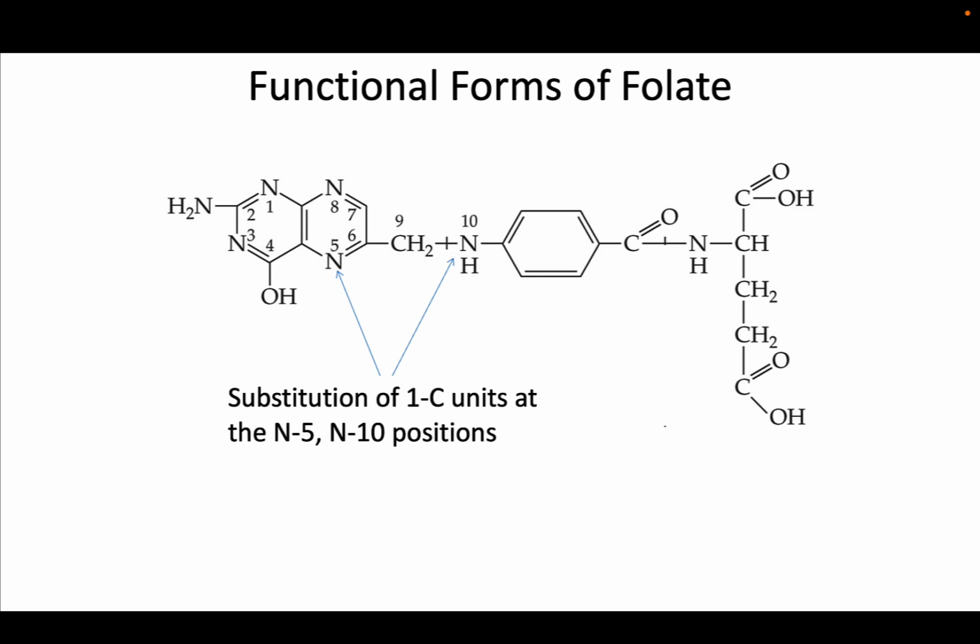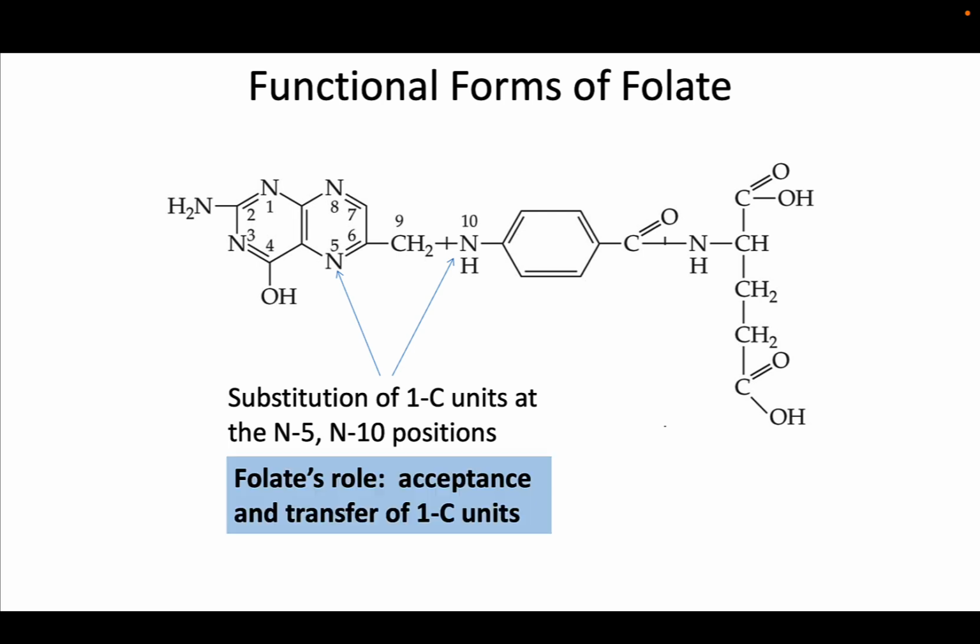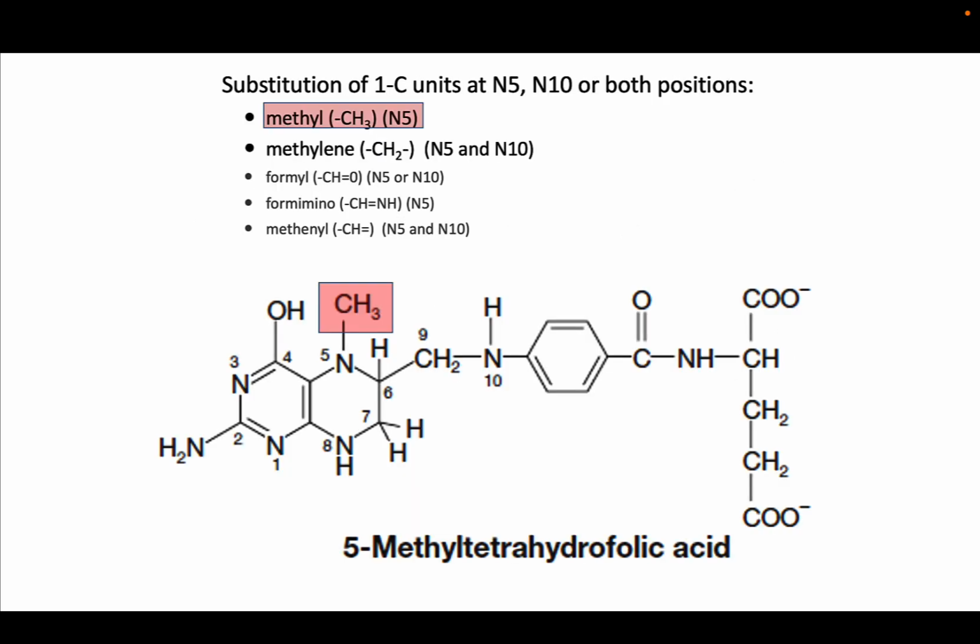And so positions 5 and 10 are some of the major locations where 1 carbon units can be substituted on this molecule. And so if folate is going to accept and transfer a 1 carbon unit, you will almost always see it at the 5th or the 10th location. So here we're looking at 5-methyl tetrahydrofolate.